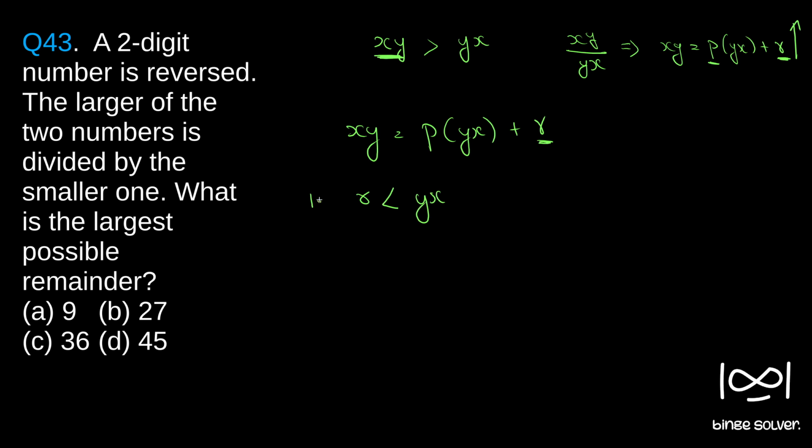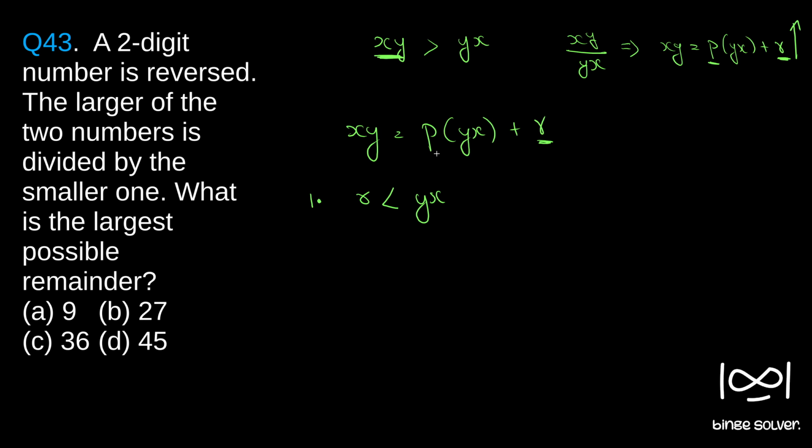The first inference: r will be less than yx. If r was not less than yx, then we could have written p plus 1 times yx plus r. So in this formula, r will always be less than yx.